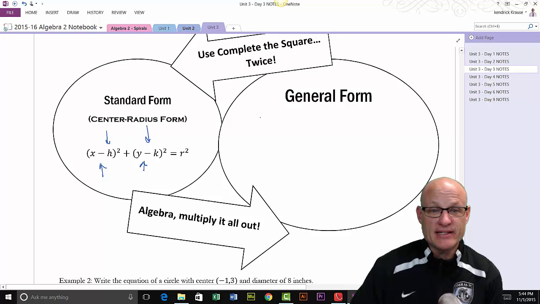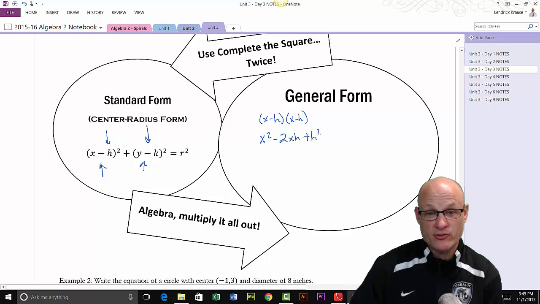So what I get is, let me just do this part. I'll do it this way. x minus h, x minus h. So you get x squared minus 2xh plus h squared. And when I do the y's, I'm going to get y minus k, y minus k. So that's y squared minus 2yk plus k squared.